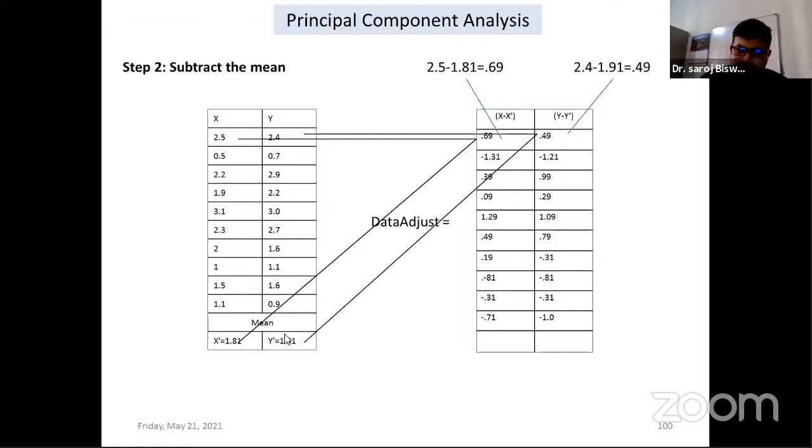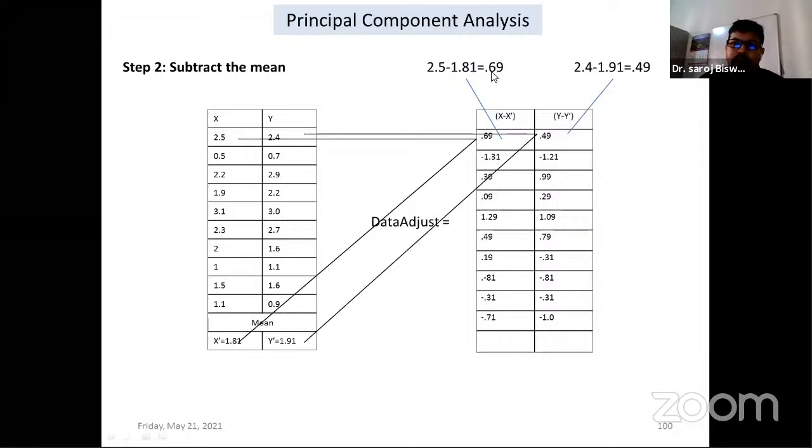Okay, after finding the mean, now we have to find the data adjust. The name is what? Subtract the mean. So for each point, what do we need to do? We need to subtract the mean from the original data. If we talk about x, the original point is 2.5. So from 2.5, we have to subtract 1.81. See here, from 2.5 we are subtracting 1.81.